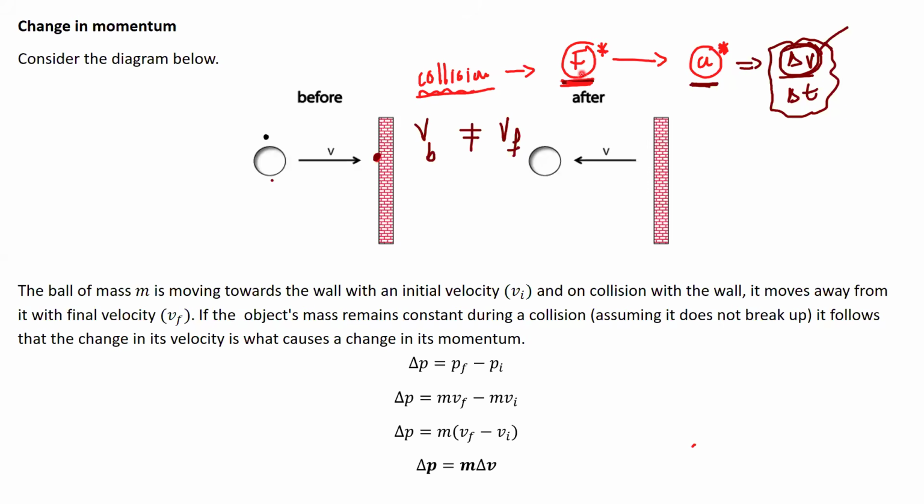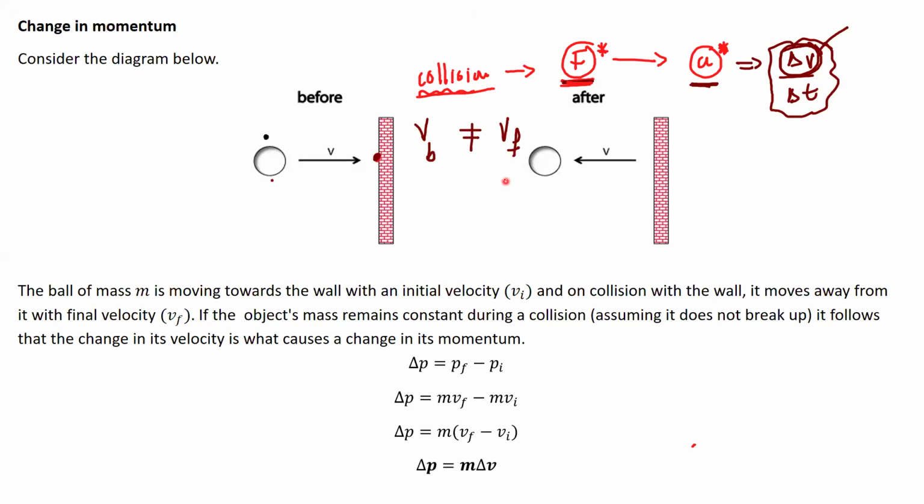Sure, now we have a force. Now the force that is exerted, according to Newton's second law, will cause the object, the ball, to accelerate. Acceleration is defined as the rate, meaning time, rate of change of velocity.